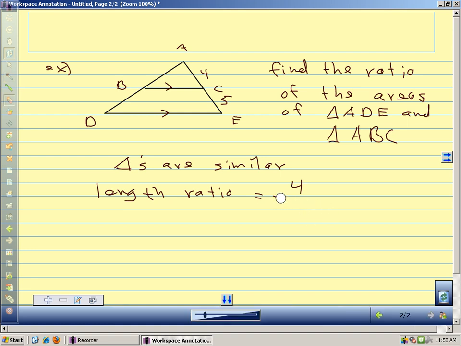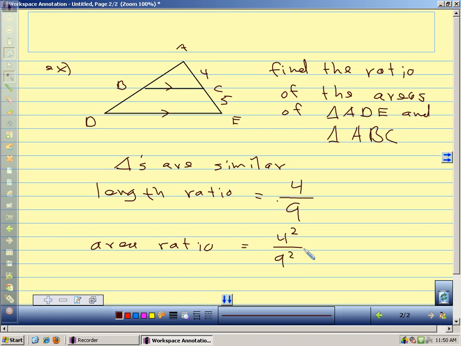And what's a length that we can use from the big triangle? 9. These two added together is the side of the bigger triangle. So the length ratio is 4 over 9. To get our area ratio, we square this. So that's 4 squared over 9 squared equals 16 over 81. So our area ratio is 16 over 81. That's all the problem asks us for.